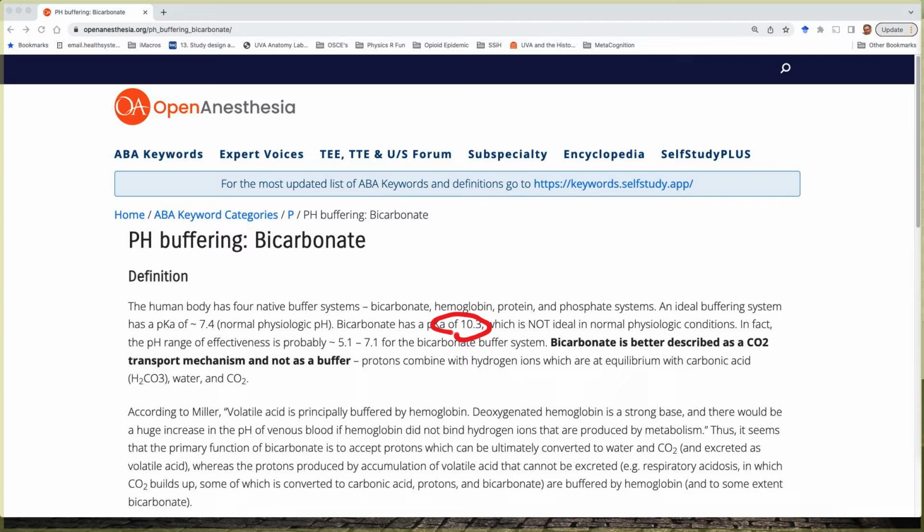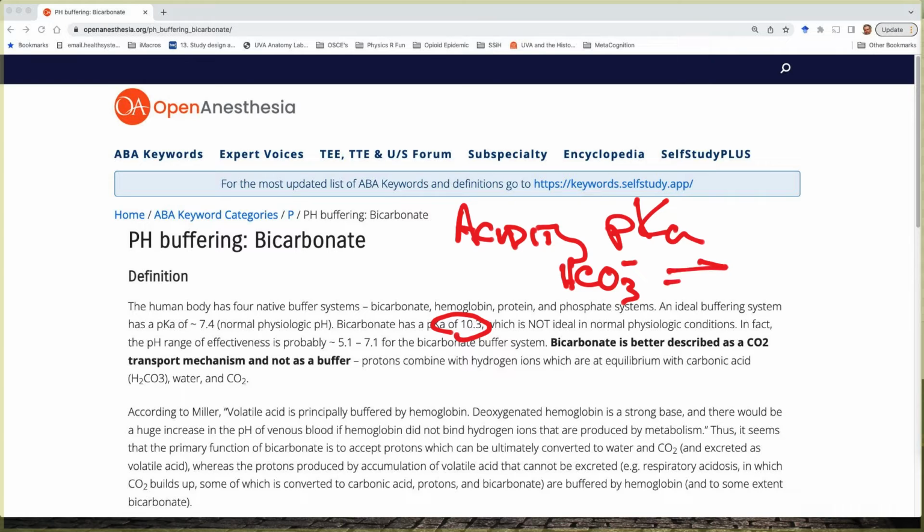I presume that what they're referring to there is the acidity pKa, which would be relevant to the equilibrium between bicarb and carbonate, which really isn't our focus.